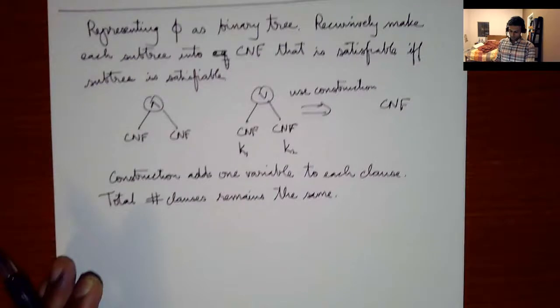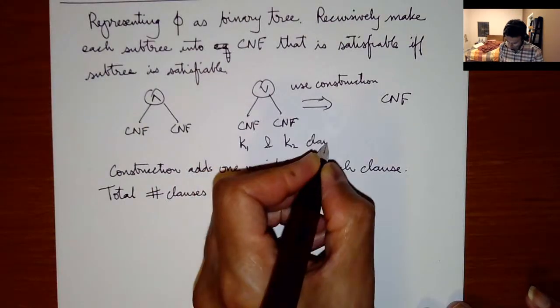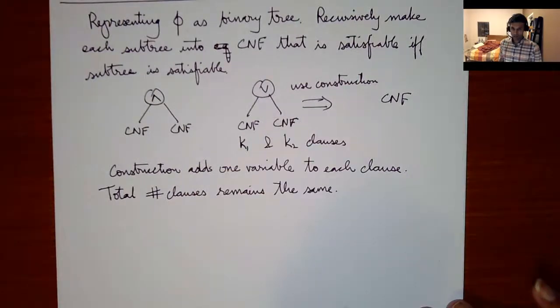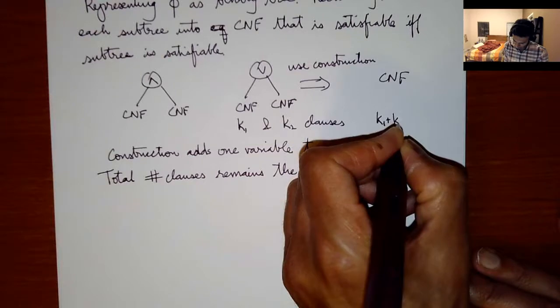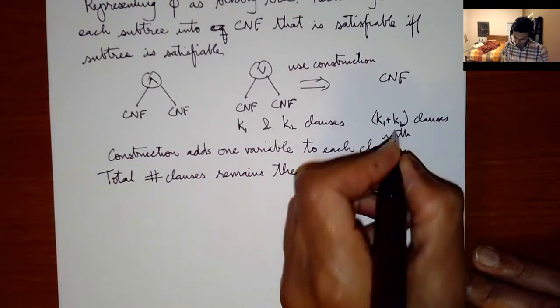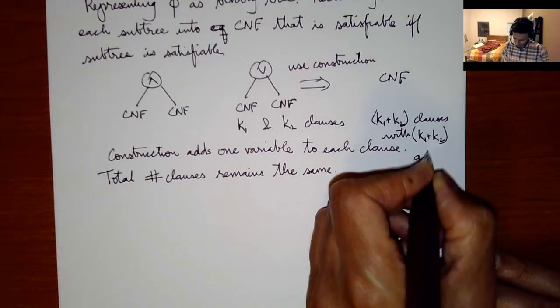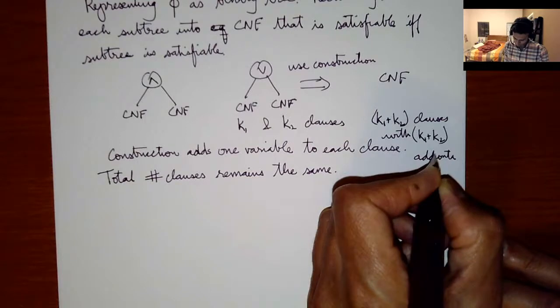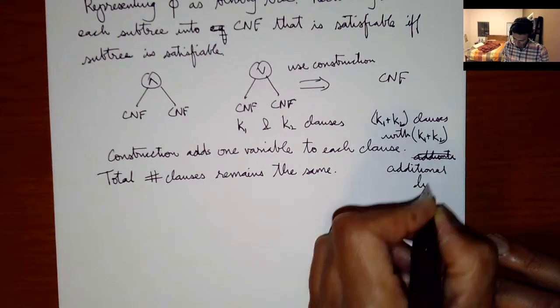So let's just say that you have K1 and K2 clauses. The construction will also have K1 plus K2 clauses with K1 plus K2 additional literals.